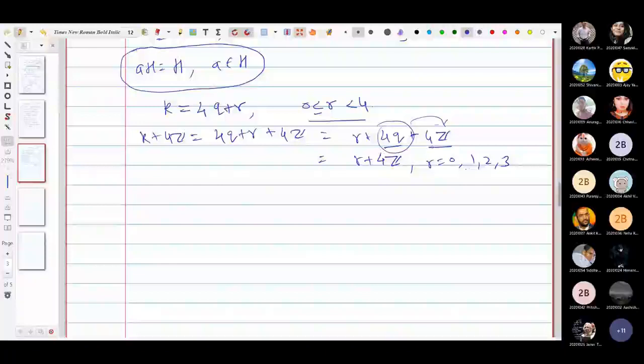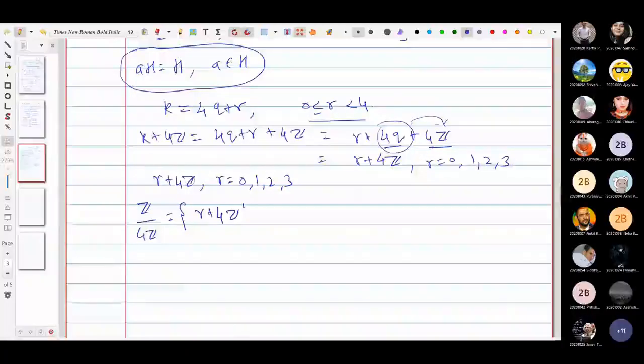So we have these 4 cosets here. In fact, Z upon 4z has these elements, r plus 4z, such that r equals 0, 1, 2, and 3. So there are 4 elements here.